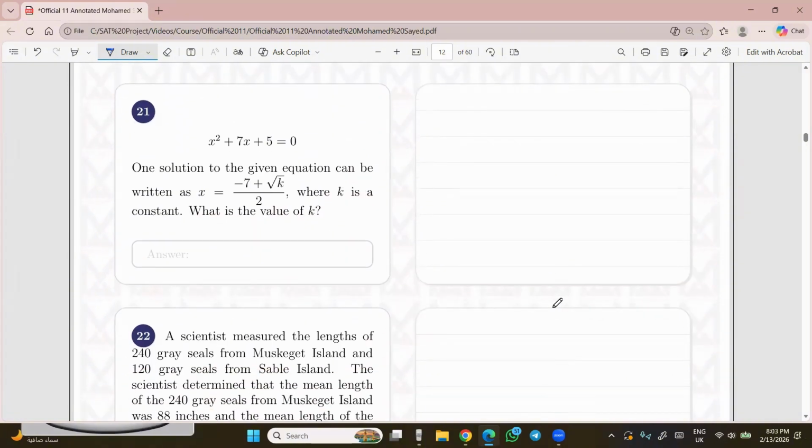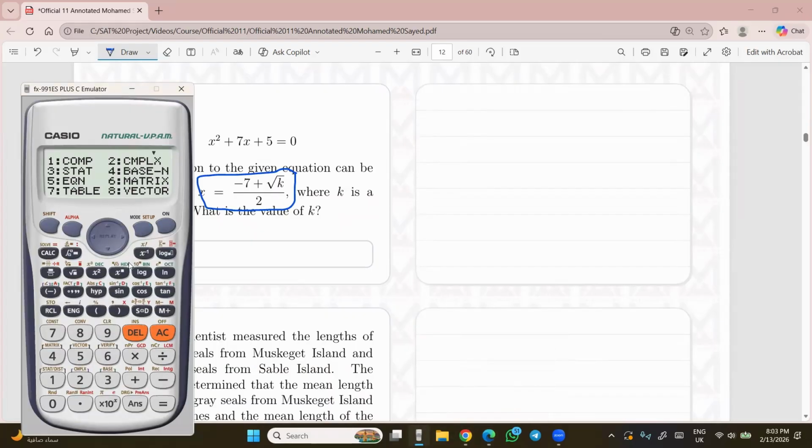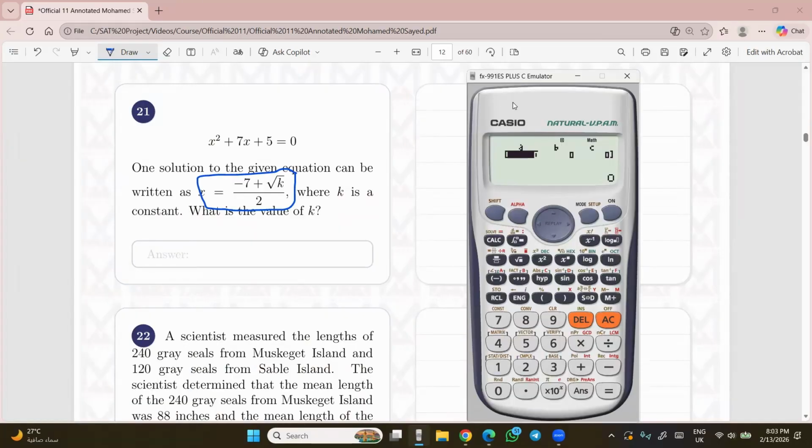Question 21, we have this equation. And the best method when you see something like this is to use the calculator, because the calculator gives you something similar to this one. Just choose mode 5, 3, and I use this calculator, which is the standard one. If you have something different, you know how to use it to get the equation which contains x squared, the trinomial.